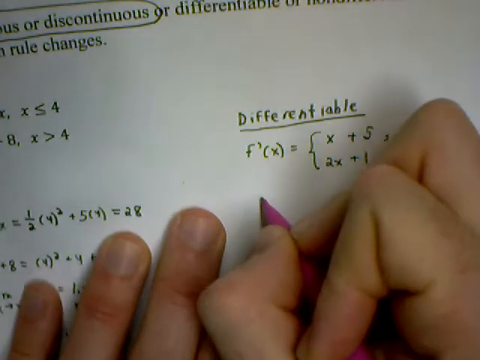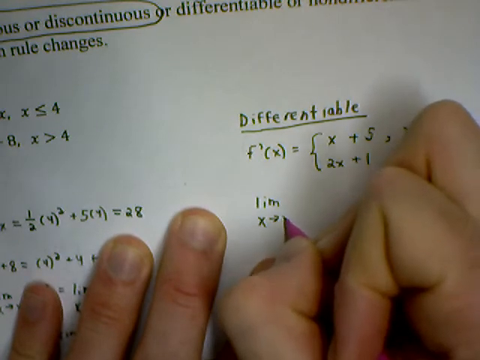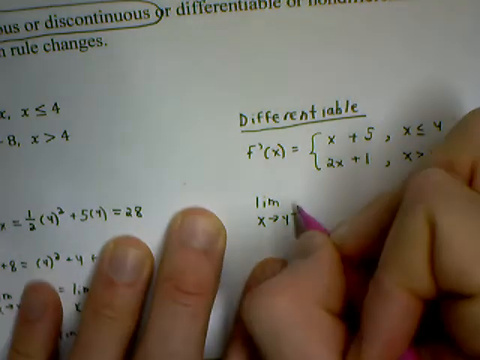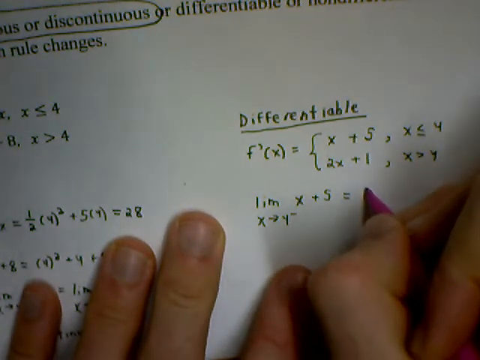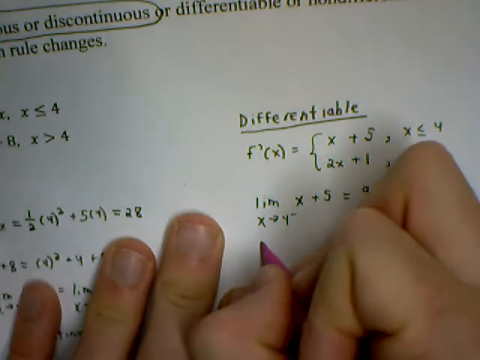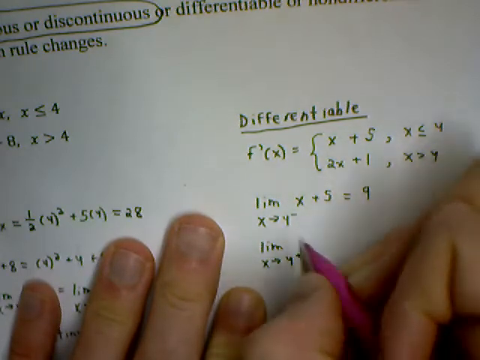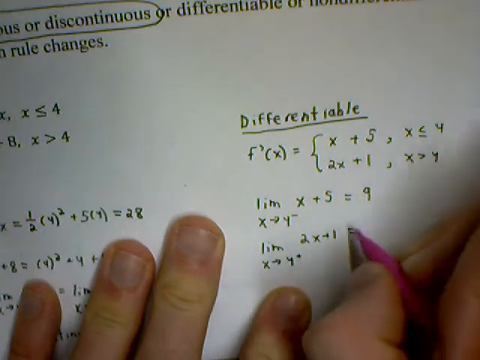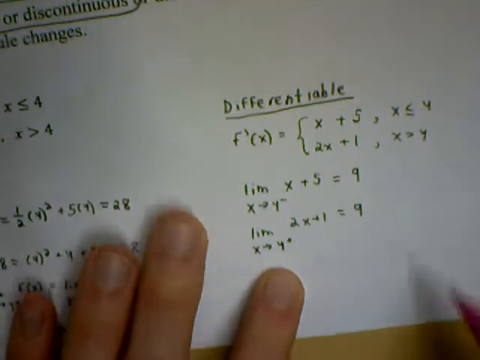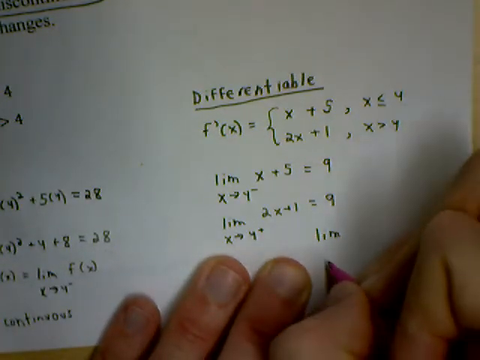All right, now let's find the left hand and right hand derivatives. When you plug in 4, you get 9. Let's find the right hand derivative. When you plug in 4, you still get 9. So the left hand and right hand derivatives are equivalent.